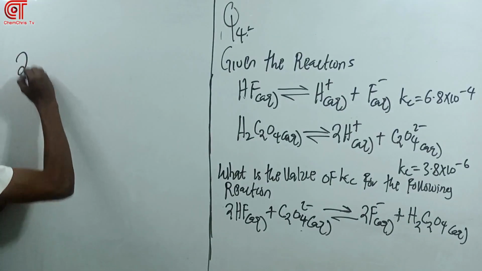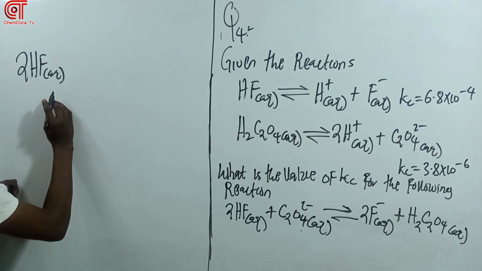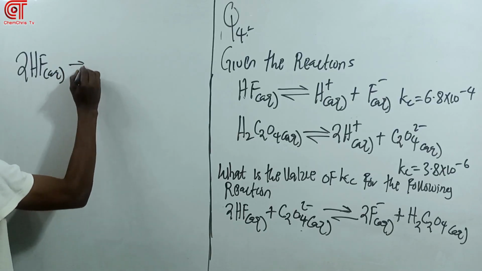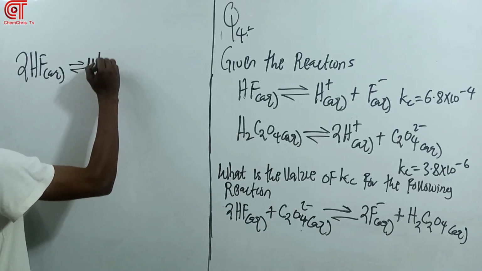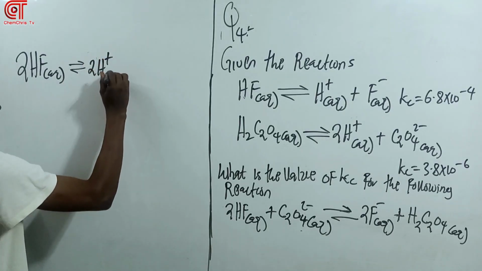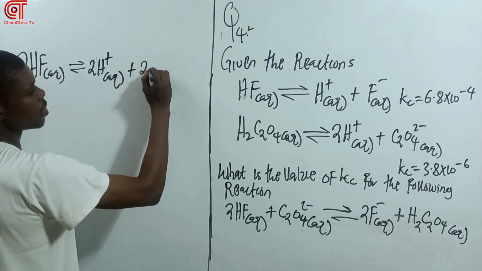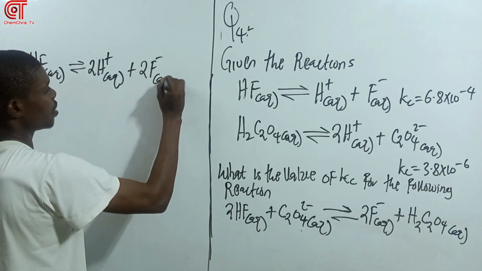You get? So I'm multiplying this first equation here. So you have 2HF aqueous, which gives you H plus, so 2H plus aqueous plus 2F minus aqueous.